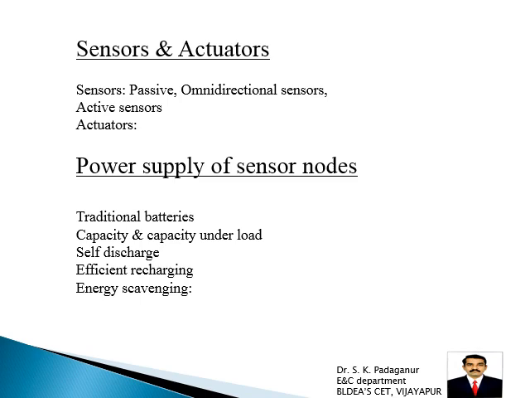So these are the 5 important components of the wireless sensor node: the controller, then memory, then a communication device, then sensors and actuators, then the power supply of sensor nodes. This is a brief about the sensor node.